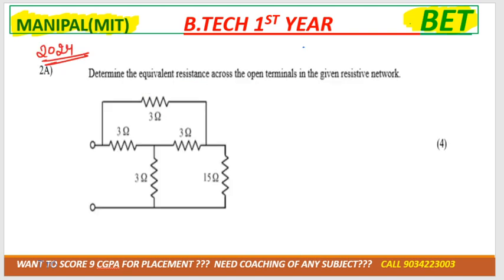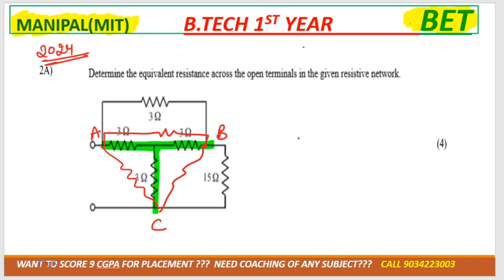Look, this is a 2024 question. What is given in this question, you have two options. Look at this, what is this, star. How do you find out that the points are same, we can convert it into delta, right? So as I told you, the points should be same, like just mark the star point, suppose this is A, B, C, so delta is also connected between the same points, okay? So star to delta means 3 plus 3 plus 3 into 3 divided by 3, so that would be 9.